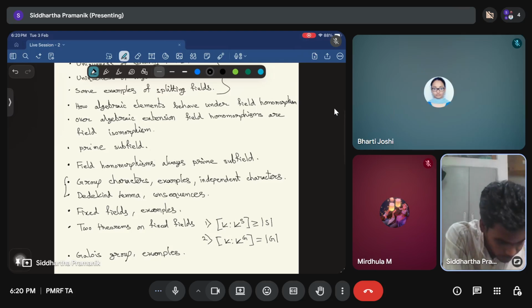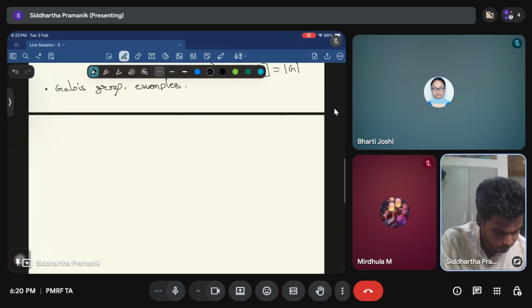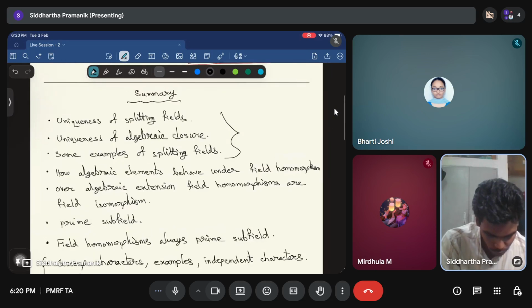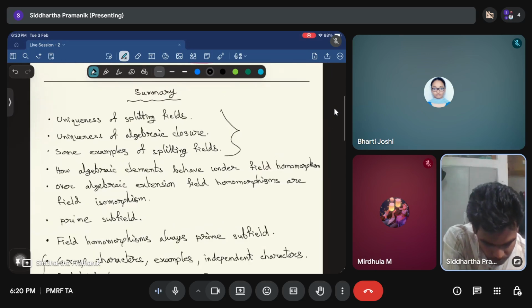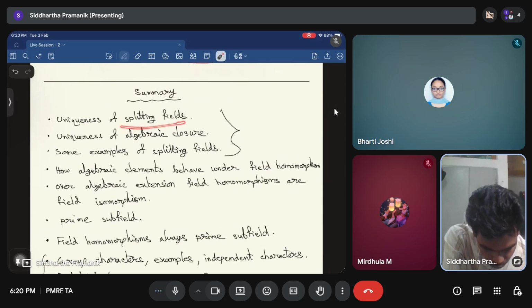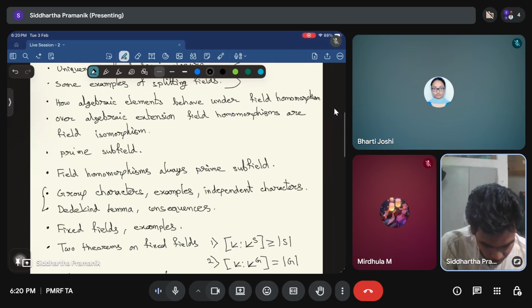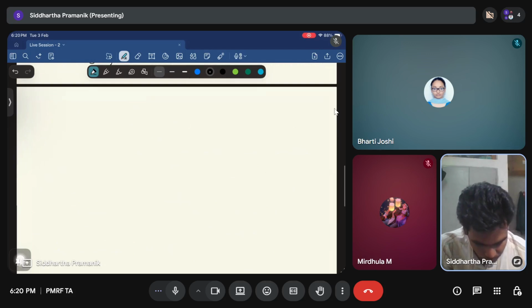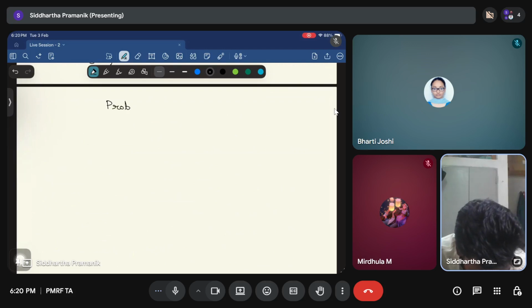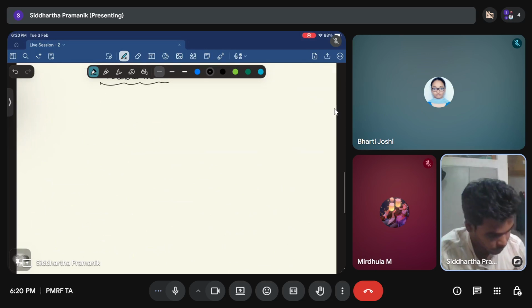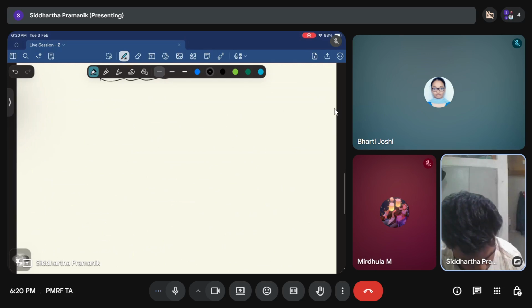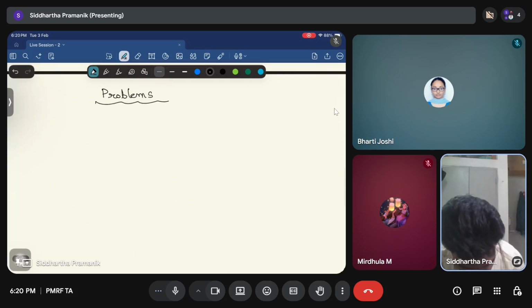Okay, so let's do some problems. We have already seen some examples of splitting fields. So let's do one more to get a good understanding of this. So this is problem number 1.